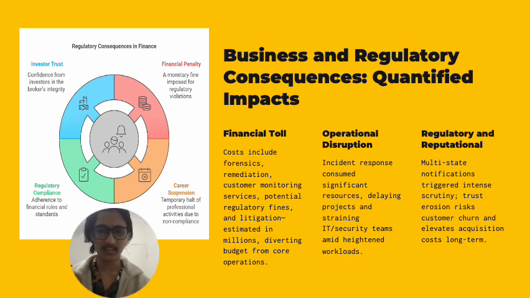Here on the slide, I can see incident response consumes significant resources. That means incident responses strain IT and security, and delay projects. Third one is regulatory and reputational. It's all about reputation, regulatory, and how the policies conform. Here I can say increased scrutiny, loss of customer trust, and long-term financial harm as well.